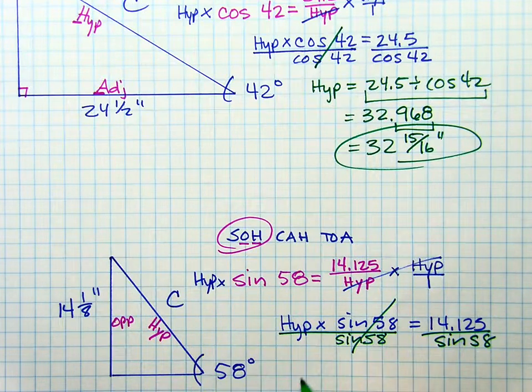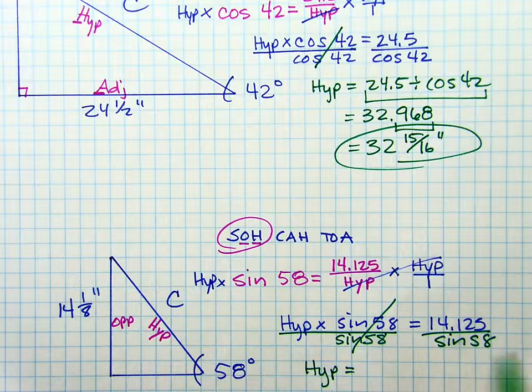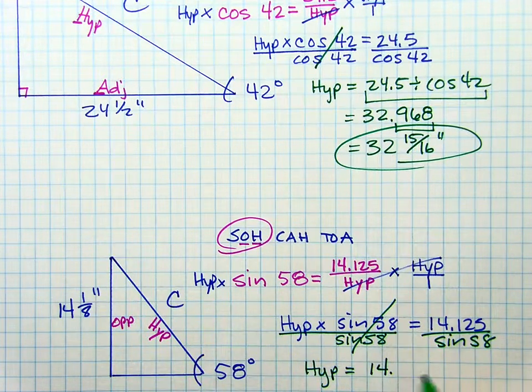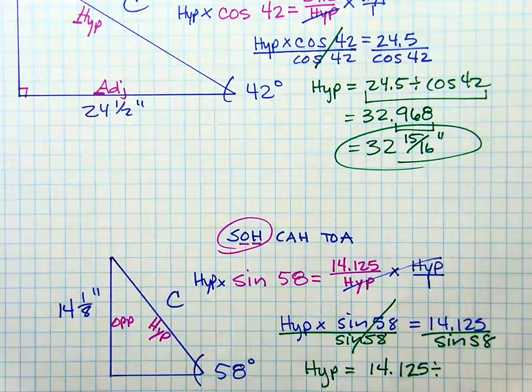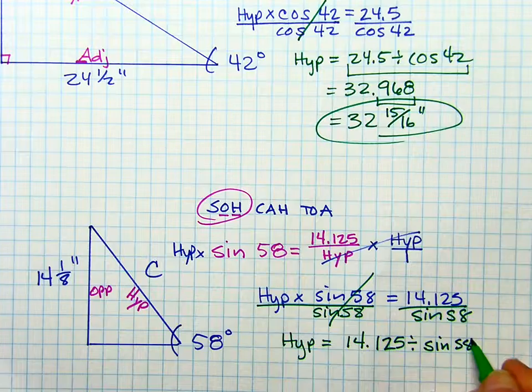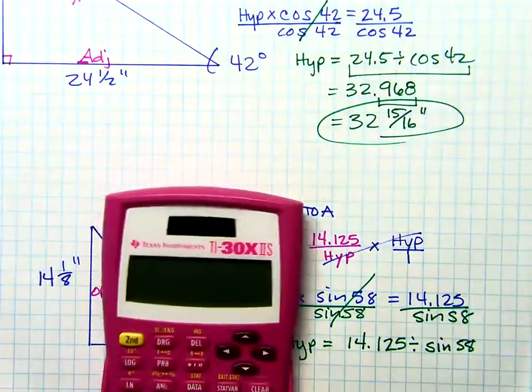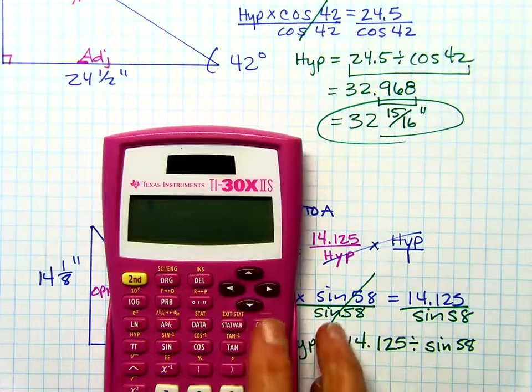That cancels, and we're left with our unknown on one side and everything else on the other. So we're going to input into our calculator 14.125 divided by sine 58, however you want to say it. So let's go ahead and see what we get.